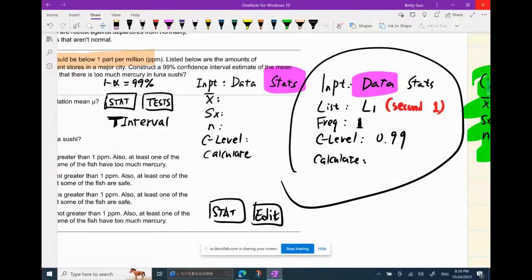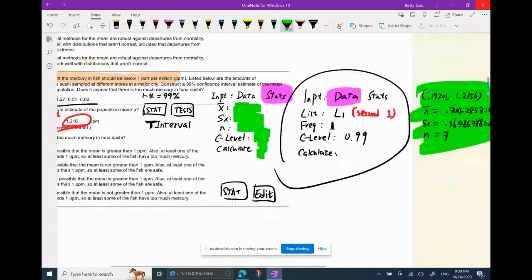Instead, it gives us data, so that's how we handle it. In the case it gives us stats, then you just need to enter x bar as the sample mean here, sample standard deviation here, n here, and confidence level here. And then you will have the interval from the calculator. All right, I believe you can do that.